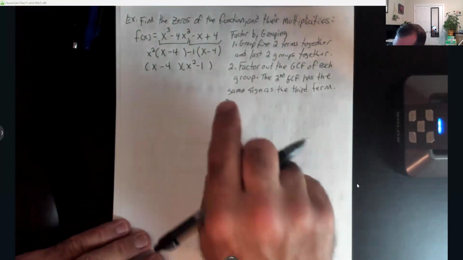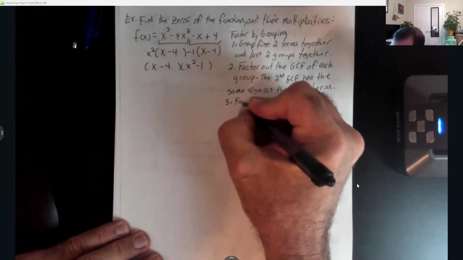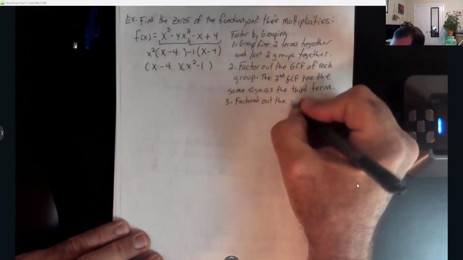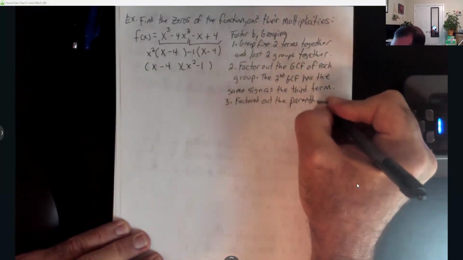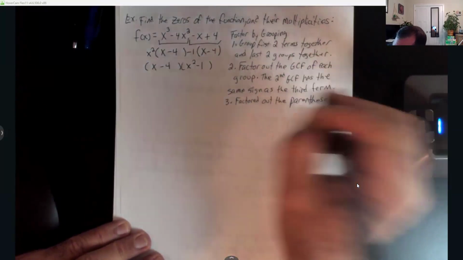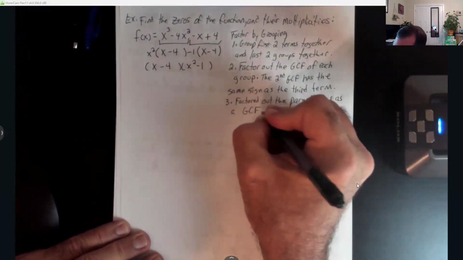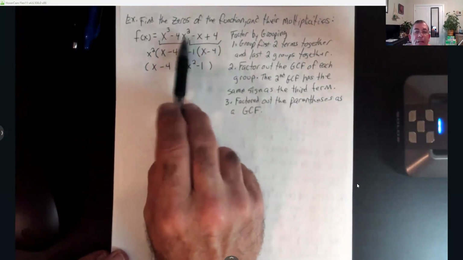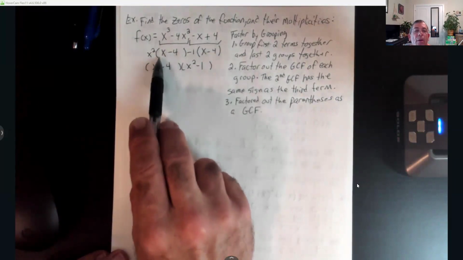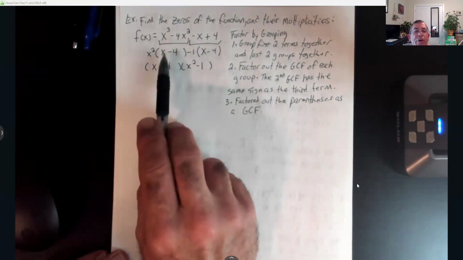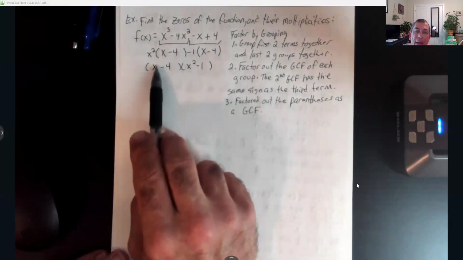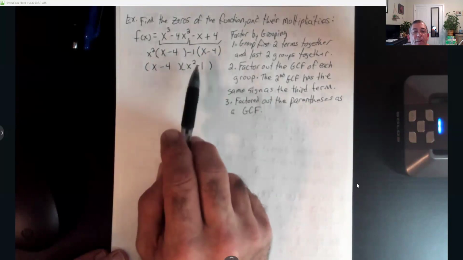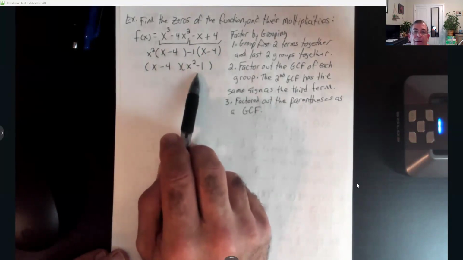So at this point, what do we do? We factored out the parentheses as a greatest common factor. Okay, so technically we factored out GCFs here, got to x squared and -1. Once we got to this point, since the parentheses matched up, we factored them out as the greatest common factor, and then the x squared minus 1 that was left became my second factor.